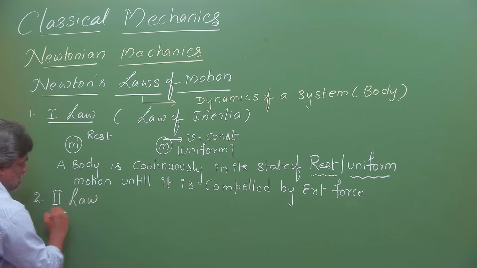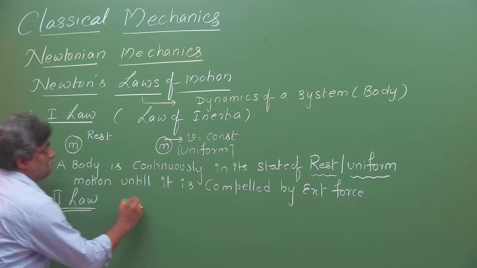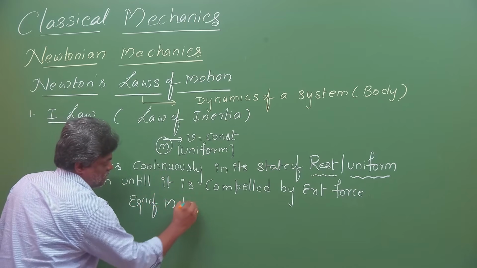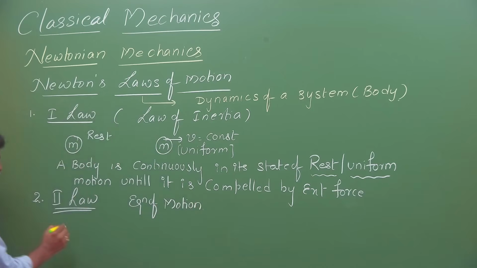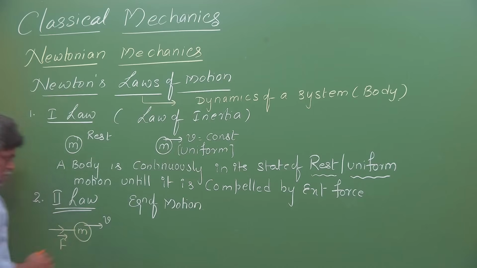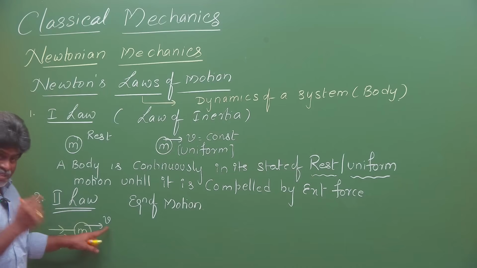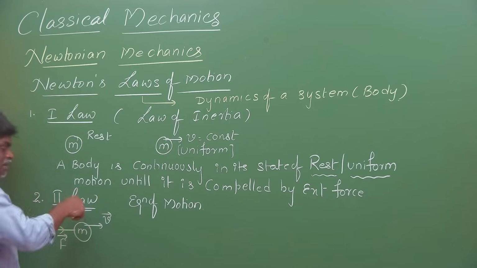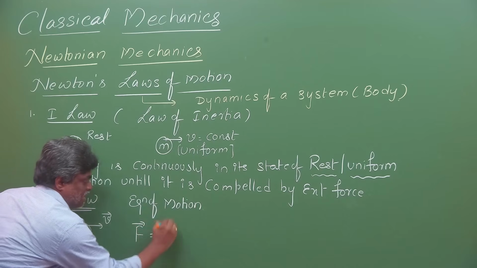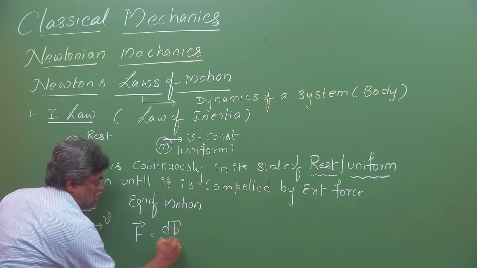And the second one, this is the second law. What is the second law? Equation of motion. That means, let us suppose here is a body of mass m and some external force F is there. Then the body has some velocity v, but this velocity keeps on changing. So according to the second law, the external force F equals the rate of change of momentum.